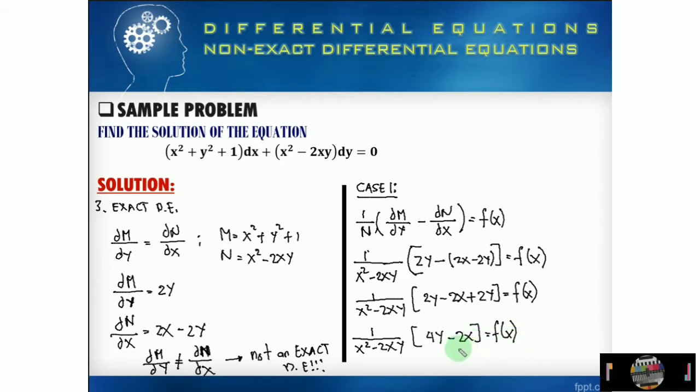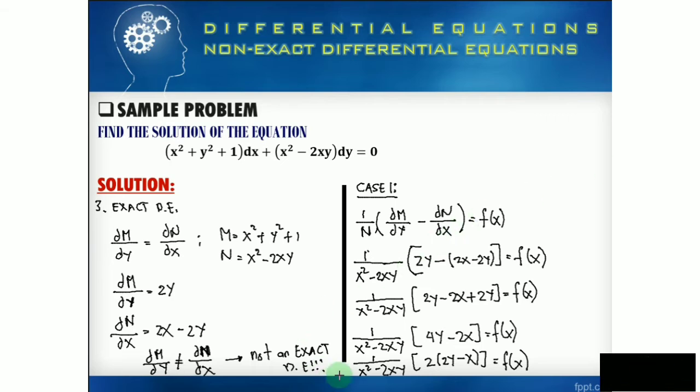And then we will extract the 2 here, so this will then be 1 over x squared minus 2xy times 2, and then we have here 2y minus x, equal now to f as a function of x.